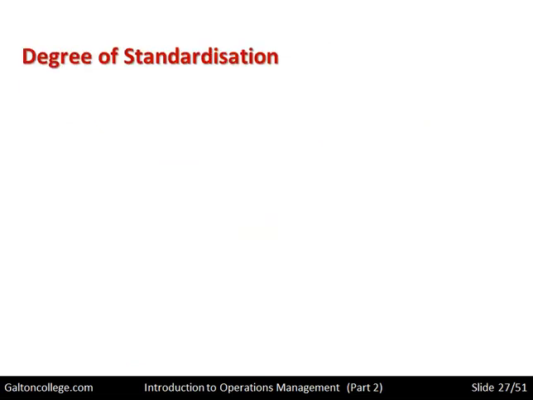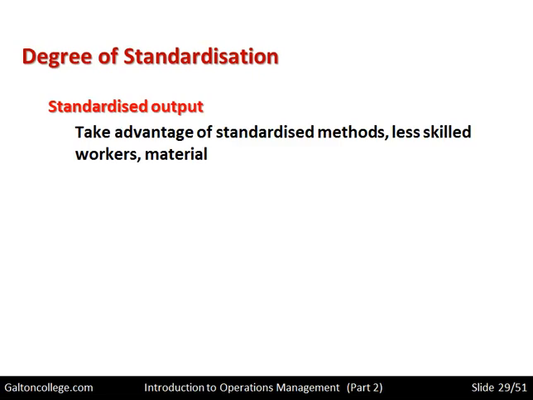Now there are degrees of standardization. For example, a standardized output takes advantage of standardized methods, so less skilled workers are required, and the material is also standard. So standardized output means that the raw materials will come in set batches, so the purchasing department in a sense have an easy time because the product is standard.